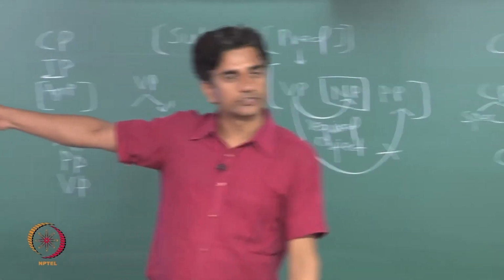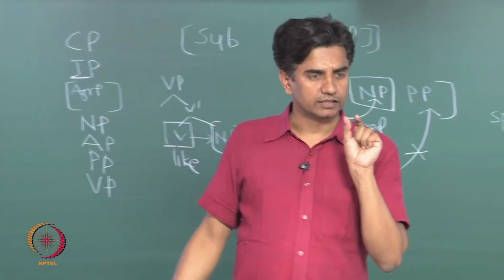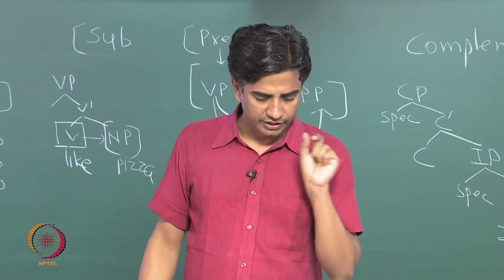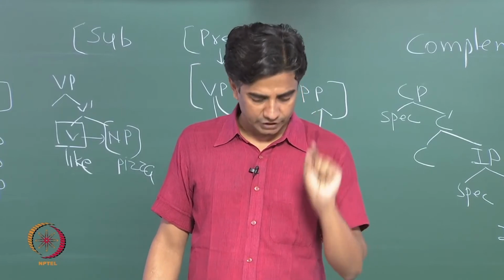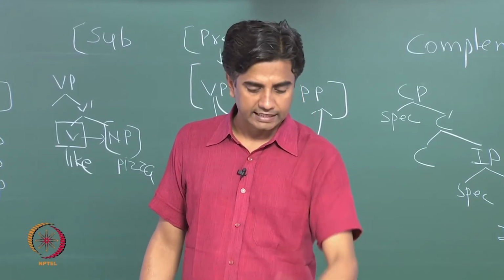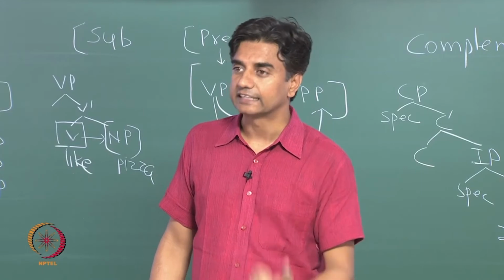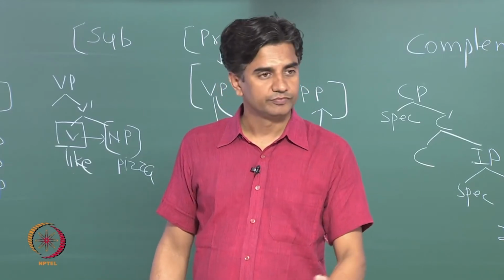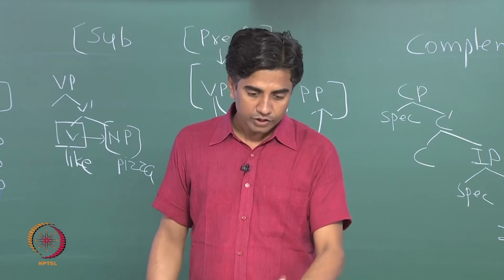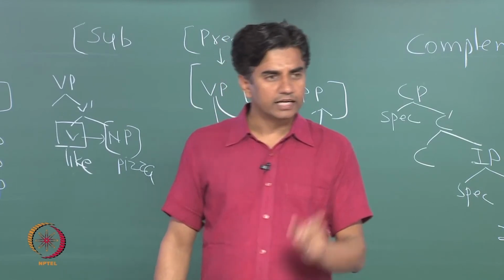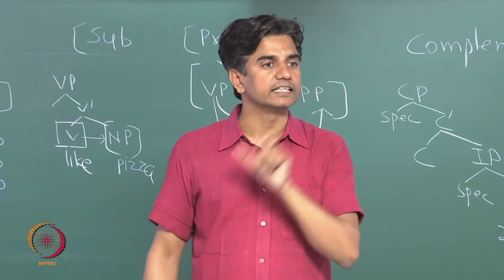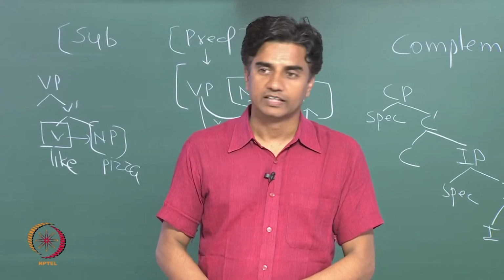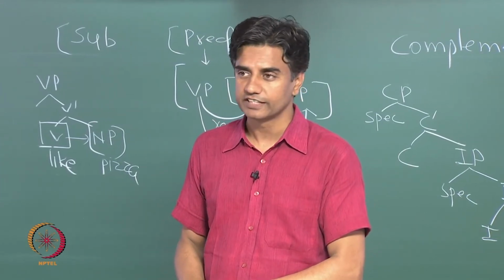And that is what I am trying to show you here, that in order to understand categorical selection, a head like know at times takes an NP as its complement, at times could take an entire CP as its complement. Okay? And then also it can take an entire interrogative sentence as its complement. I haven't discussed interrogative sentences with you so far.